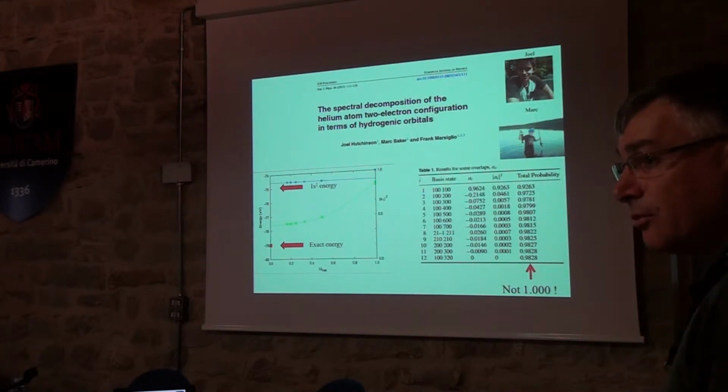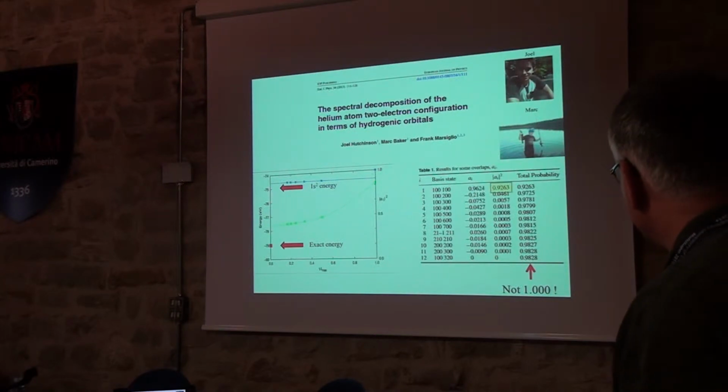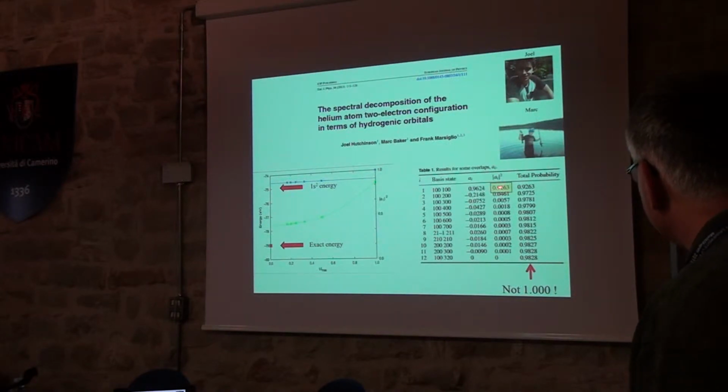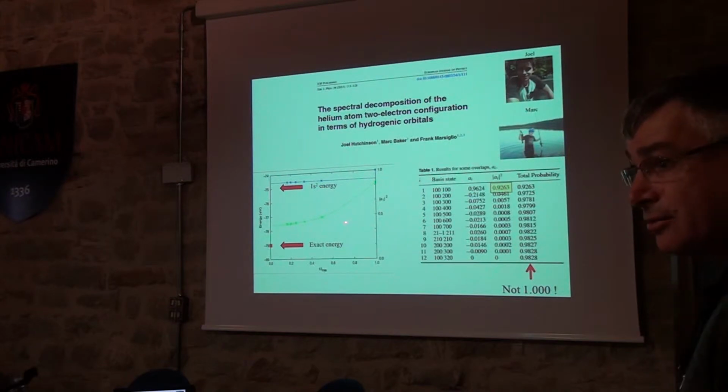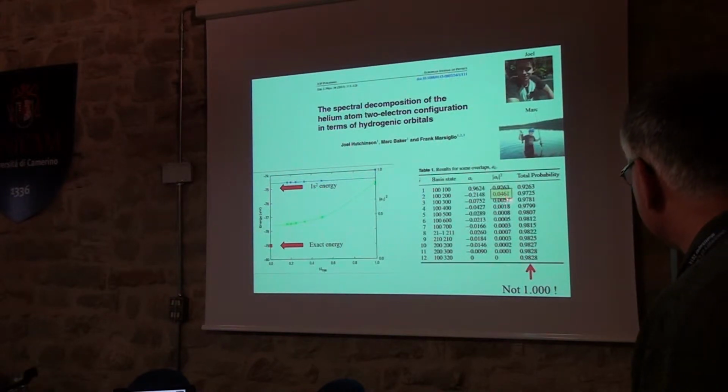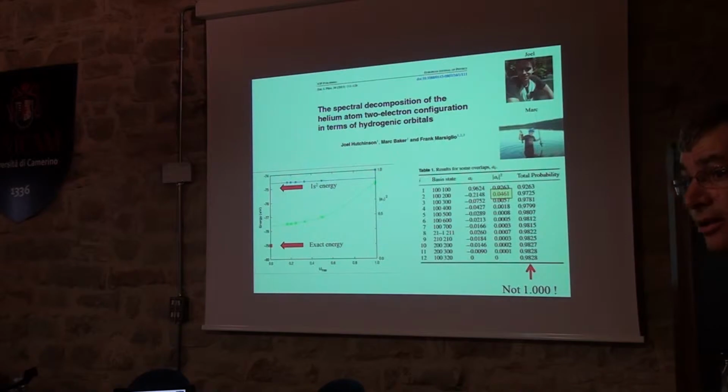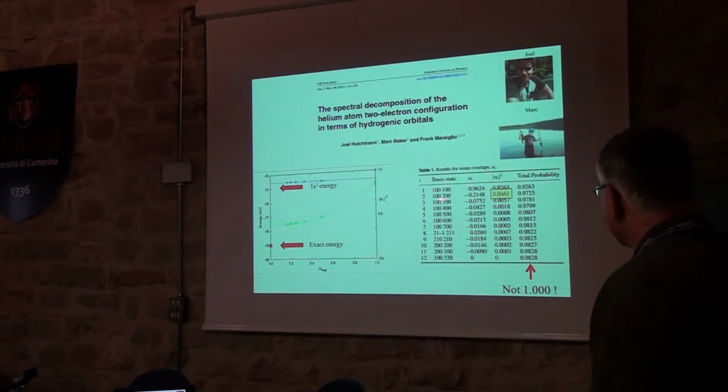But that's still way off, okay? If you calculate the total probability of the exact wave function, this spectral decomposition, this uses the Hilleraas state for the helium atom, it's about 93% in the 1s state, but there's almost 5% which is in the next one, which is a 1s, 2s.